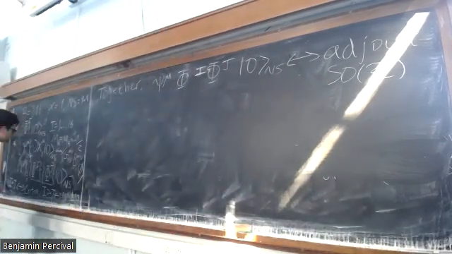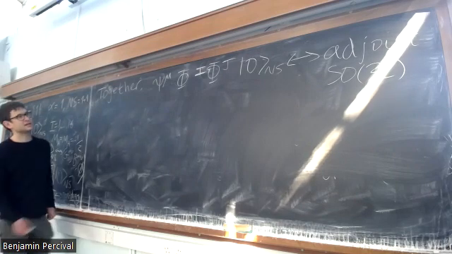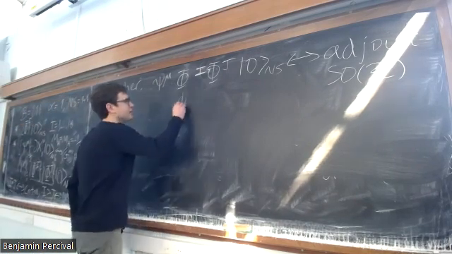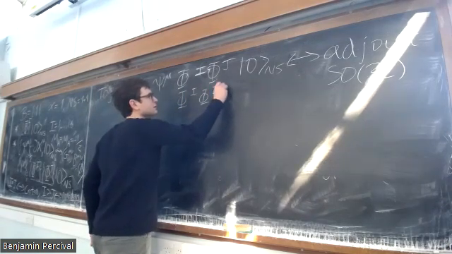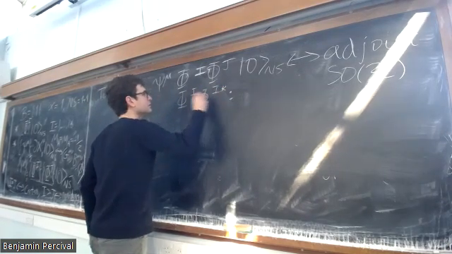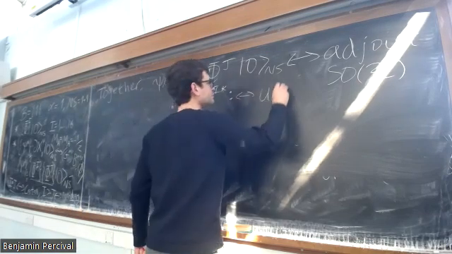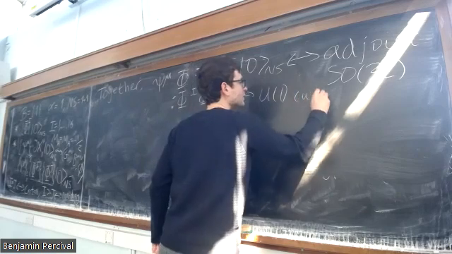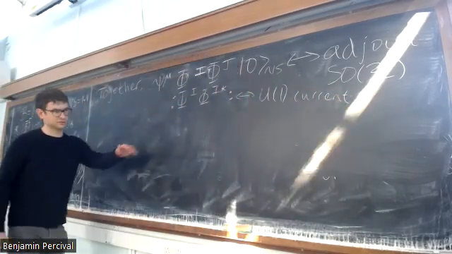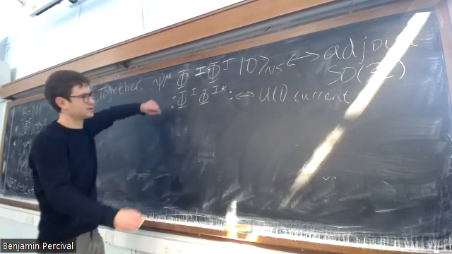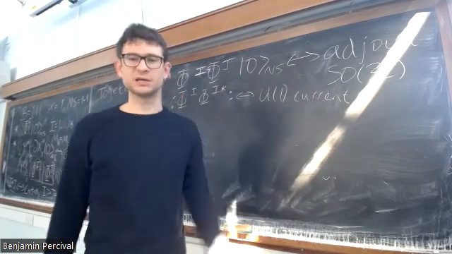Also, the Cartan part you can relate to the fact that this is like a U1 current. So the Cartan part is essentially isomorphic to the 16 U1 currents generated by each complex fermion.